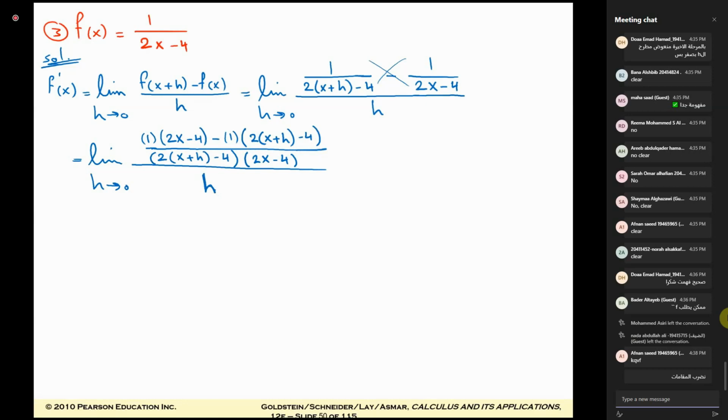Okay. Now the denominator of the numerator is a denominator. This equals limit h goes to 0.